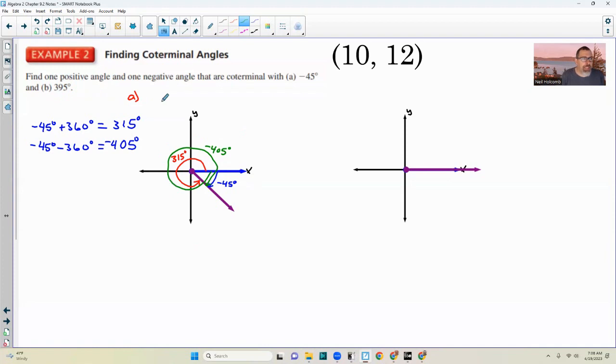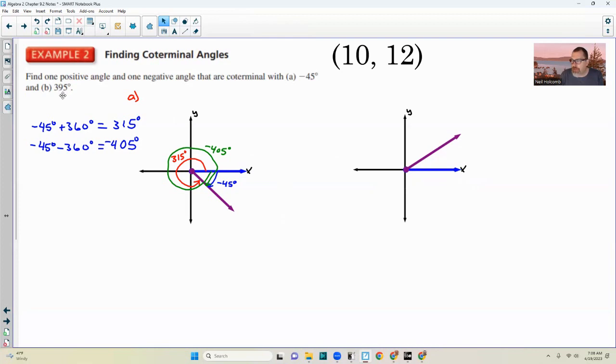Now let's look at B, 395 degrees. So what I'm going to do is first explain to you what 395 is. 90, 180, 270, 360, and I want to go another 35 degrees, which would probably be about there.